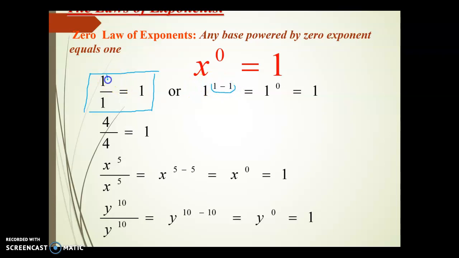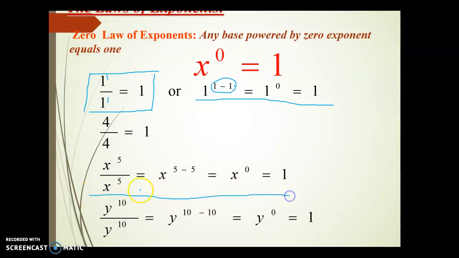Diba, ang iyang exponent is 1. So then you use the division law of exponents, 1 minus 1, remember? And then you subtract, you will get 0, right? Equal to 1. And then 4 divided by 4, same thing also. If you're going to use the solution, 1 gihapon siya. Same with the other examples, x to the 5 over x to the 5. If they have the same numerator and denominator, that will still equal 1.